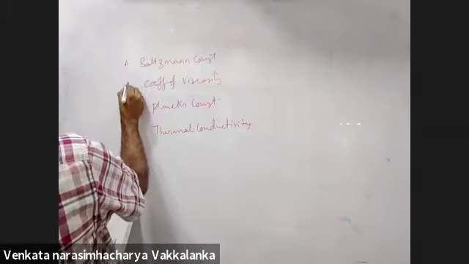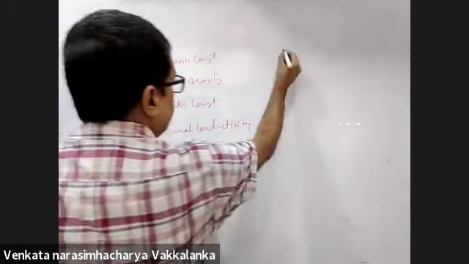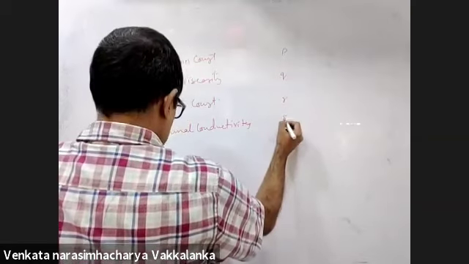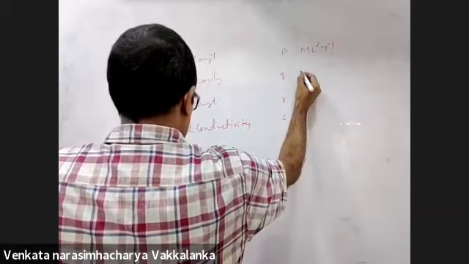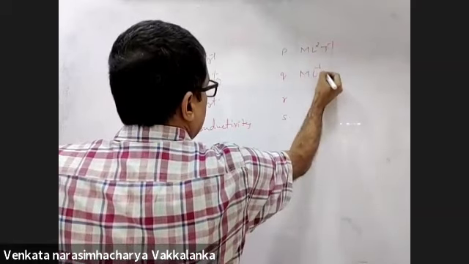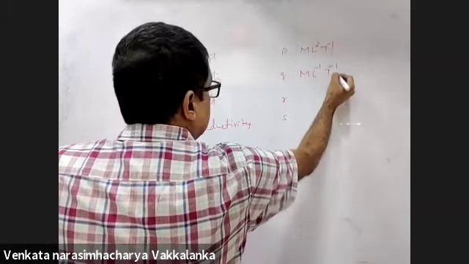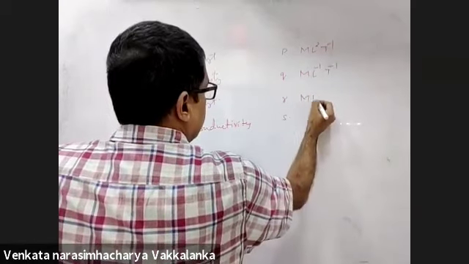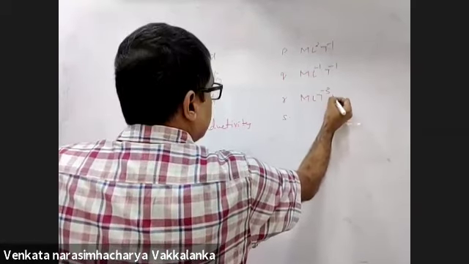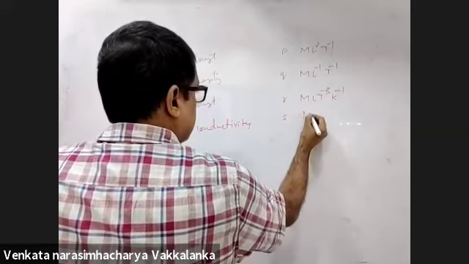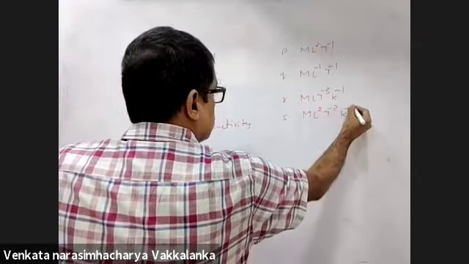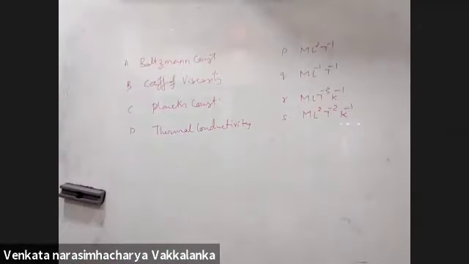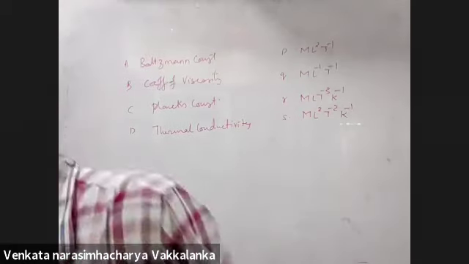This is A, B, C, D, P, Q, R, S: M L square T to the power minus 1, M L to the power minus 1 T to the power minus 1, M L T to the power minus 3 K to the power minus 1, M L square T to the power minus 2 K to the power minus 1. Match the column. I will give you no help for this.